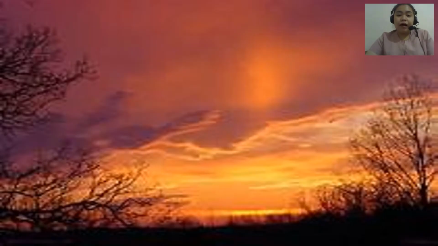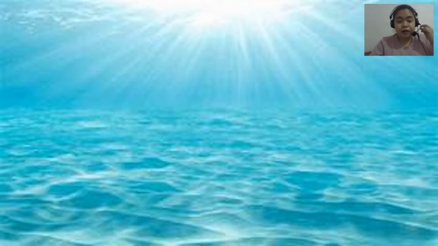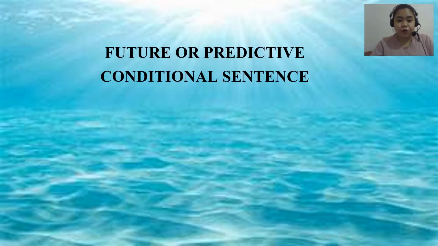So now, let's proceed to our new topic for today, which is Lesson 2, Future or Predictive Conditional Sentences. So now, let's try to know what this future or predictive conditional sentence means.